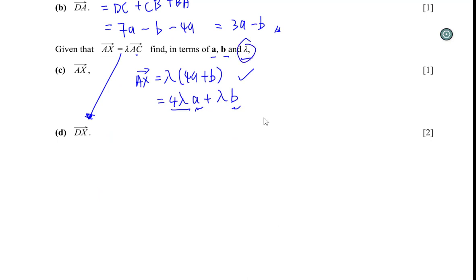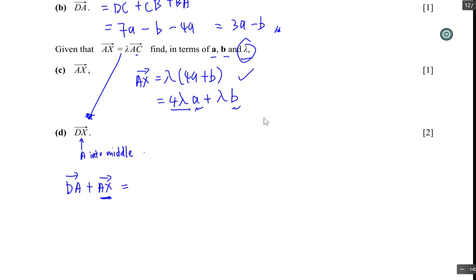So how can you use the AX in DX here? I separate them. I insert the A into the middle. This is what I will do. I will call DX as DA plus AX. You see, I suddenly have the AX by myself. Because this is DX, right?